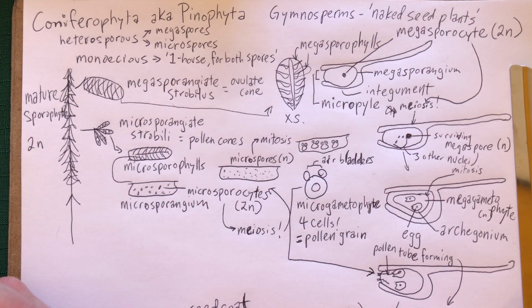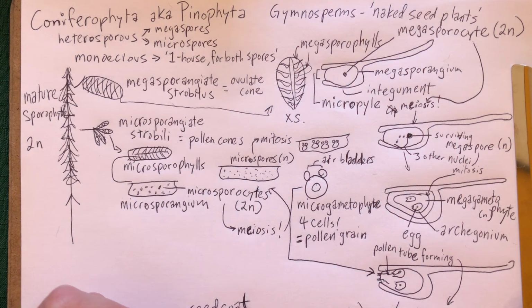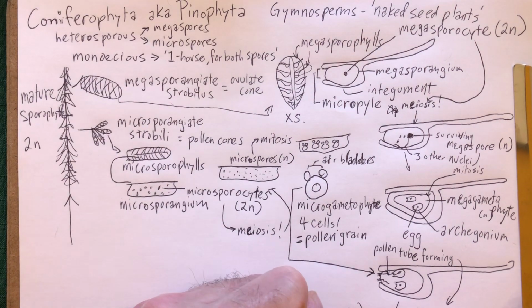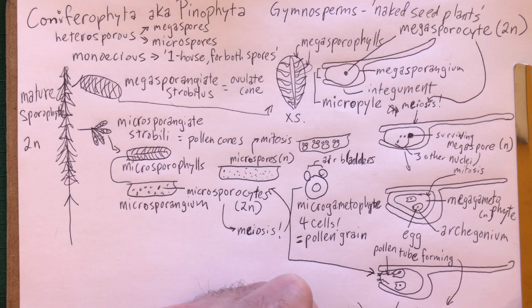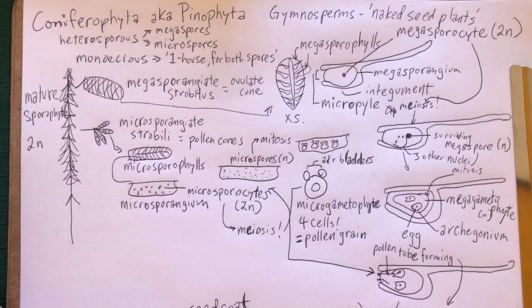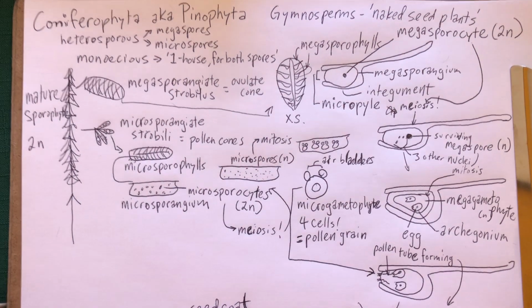So that when the seed first starts to develop, it germinates and we get the new embryonic sporophyte growing. It can't photosynthesize right from the jump. It needs a little bit of time to get established, so it packs a lunch with it, which is this endosperm.